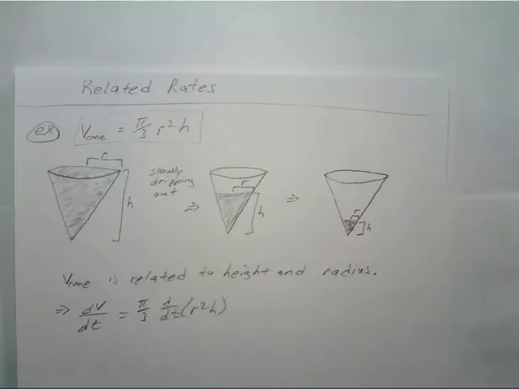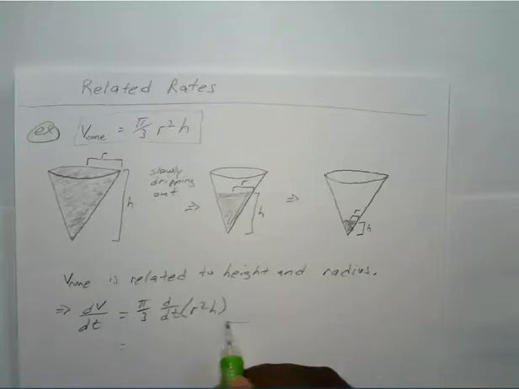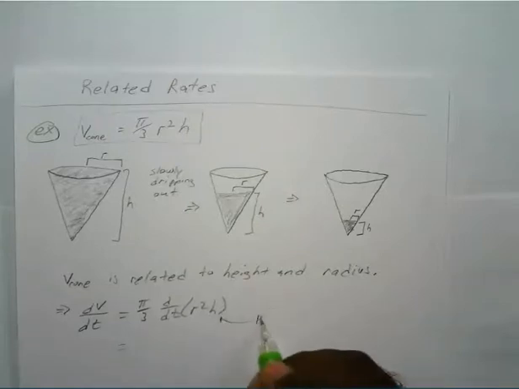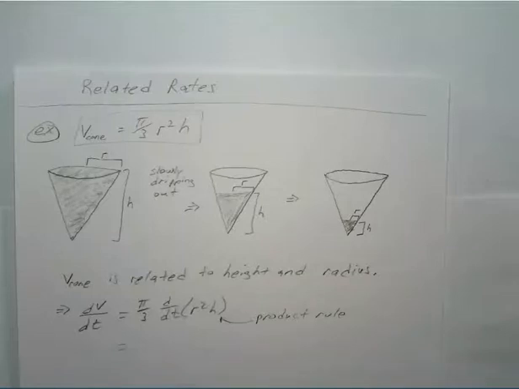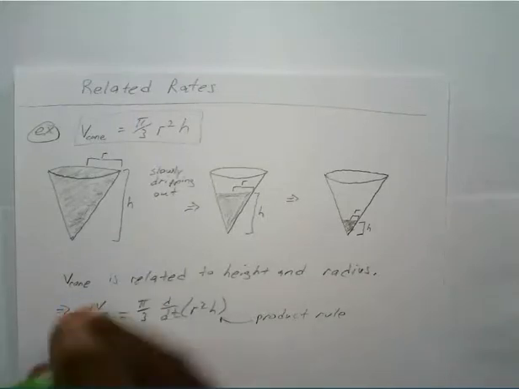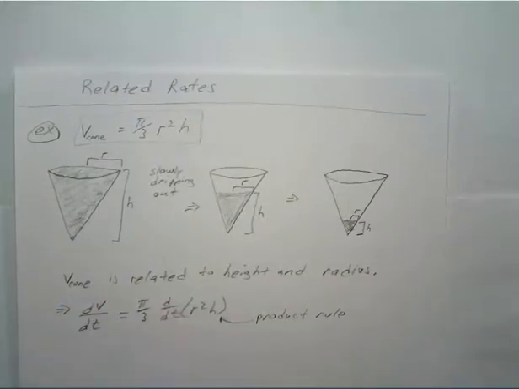Okay, so let's look at that really quick. So that's going to equal, and of course here we'd have to use the product rule. Let me bring that down a little bit so it's not all jammed up there. So that's going to be pi over 3.